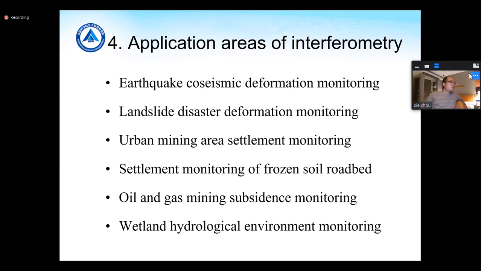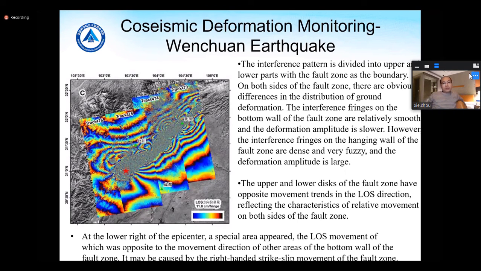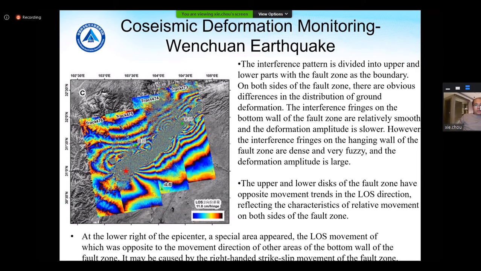I also do some work on wetland hydrological environment monitoring. I would like to use the Wenchuan earthquake as an example. InSAR can be used to analyze coseismic deformation monitoring. From these interferograms, we can find that the interferometric pattern is divided into upper and lower parts with the fault zone as the boundary.